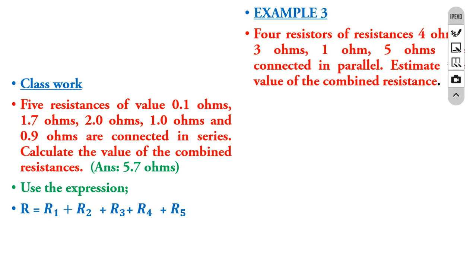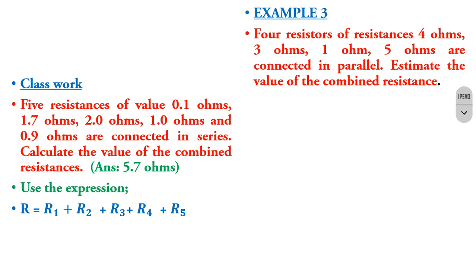Example 3. Four resistors of resistances 4 ohms, 3 ohms, 1 ohm, 5 ohms are connected in parallel. Estimate the value of the combined resistances.